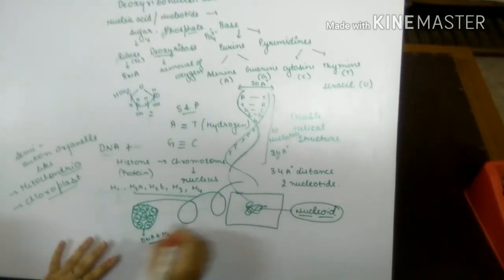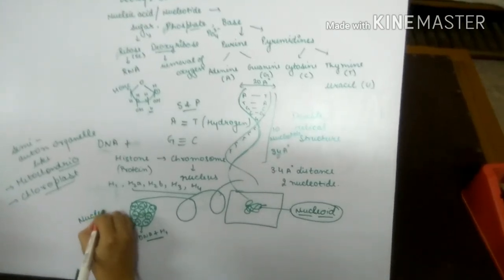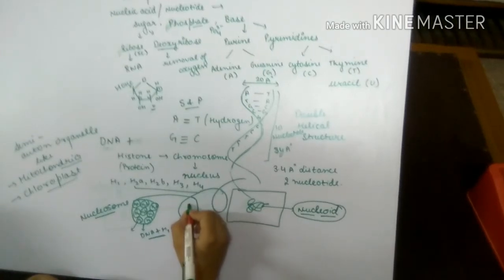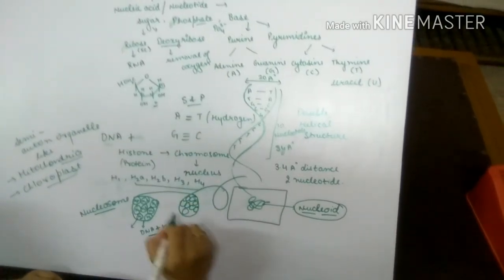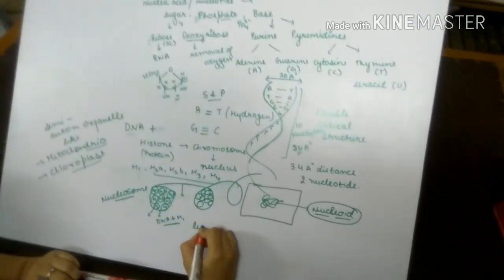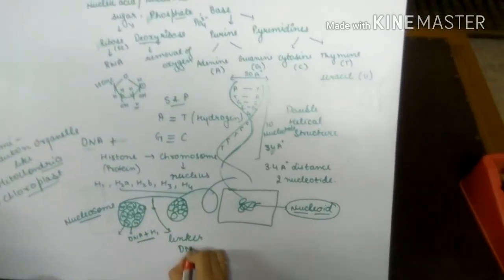This structure is known as the nucleosome, and it is again formed after some distance, 8 bowl-like structure, which is linked by the linker DNA.